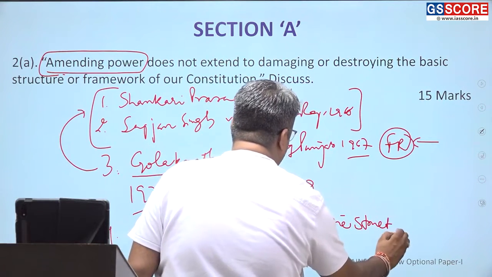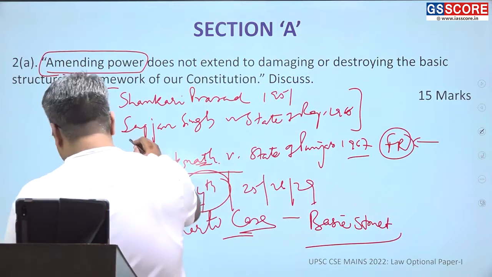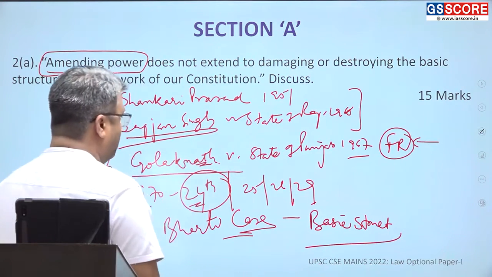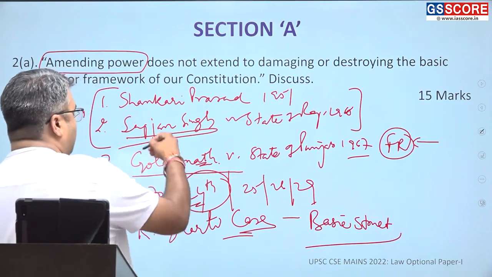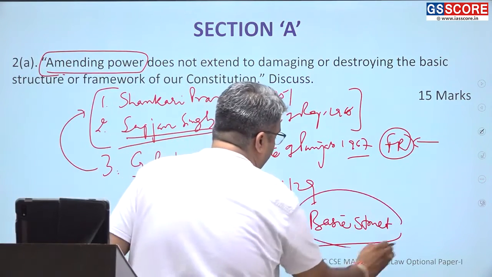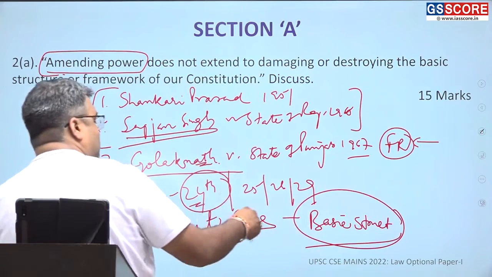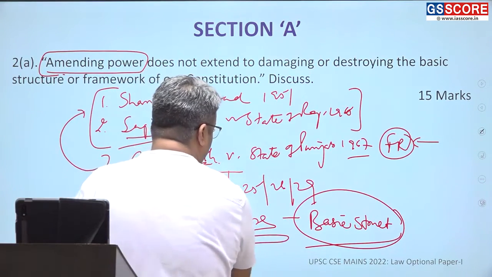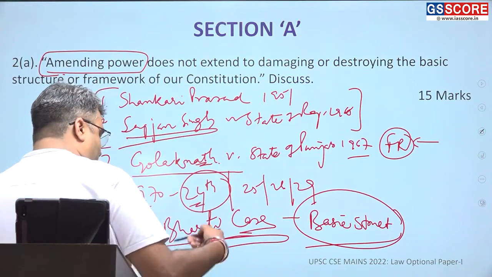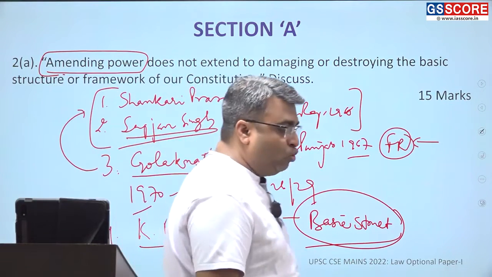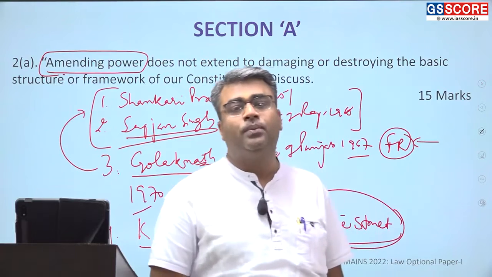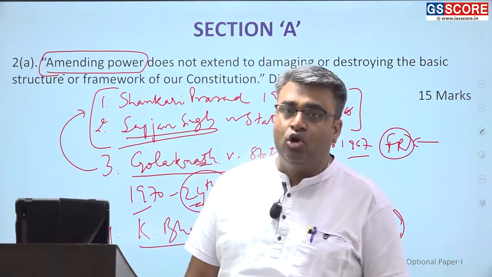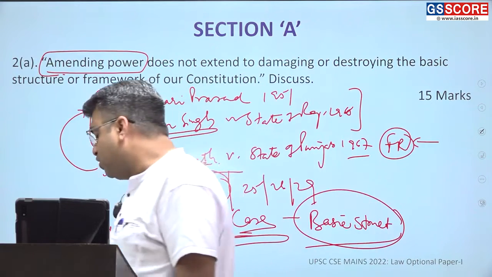However, this basic structure concept was first laid down in the Sajjan Singh case by Justice Mudholkar, who propounded this theory, but ultimately the concept was recognized by the Supreme Court in the Keshavananda Bharati case, which clearly said that the Parliament has the power to amend anything, but that should be within the purview of the basic structure of the Constitution. So that cannot be interfered with by the Parliament at any cost.